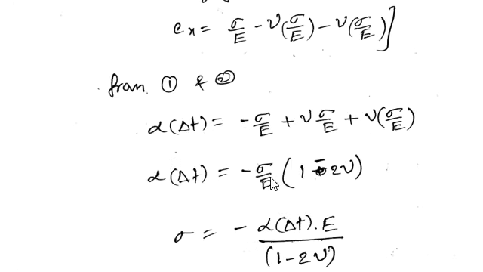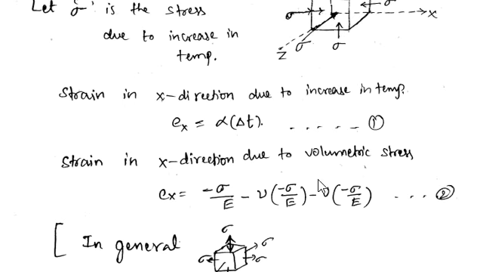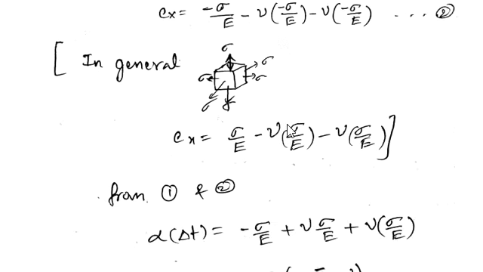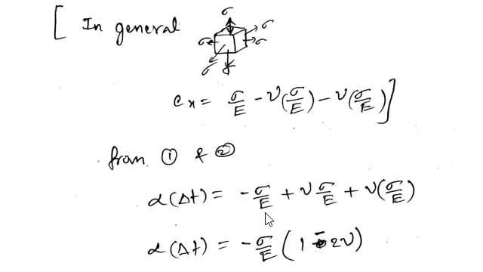So when you equate 1 and 2, you can write alpha into delta T equals minus sigma by E times, taking minus sigma by E common, 1 here, and 2 times nu, which is minus here, not plus. If you simplify, it is plus 2 times nu into sigma by E, and taking minus sigma by E common, you get 1 here and minus once again, because minus of minus is plus.